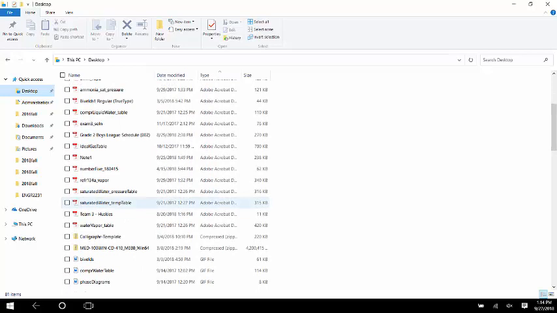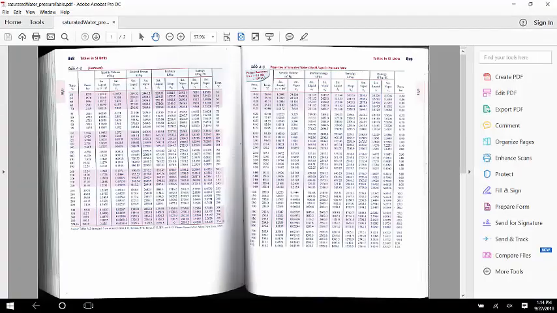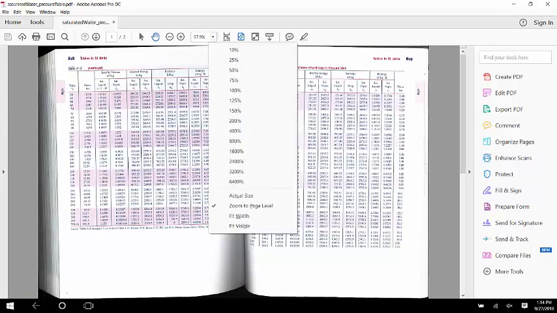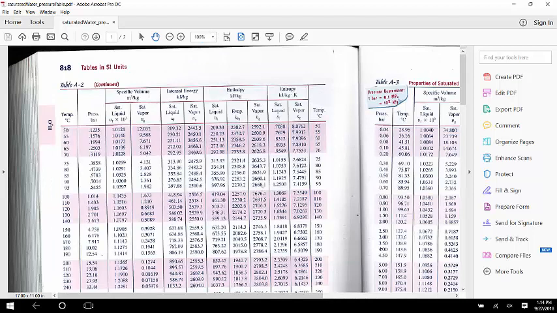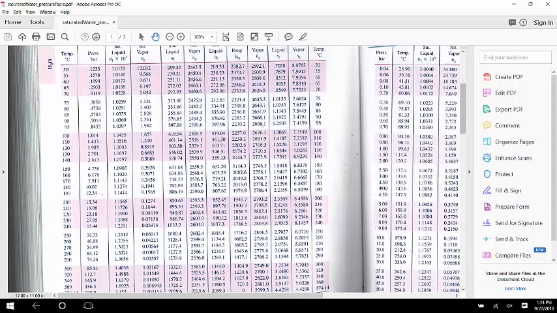Saturated water, and we want to do it indexed by pressure because we know the pressure. So I'll go to this one. We're looking for the temperature at 5 bar. So that's right here. Can you see my cursor? So the temperature, since we know it's at saturation, is 151.9 degrees Celsius.